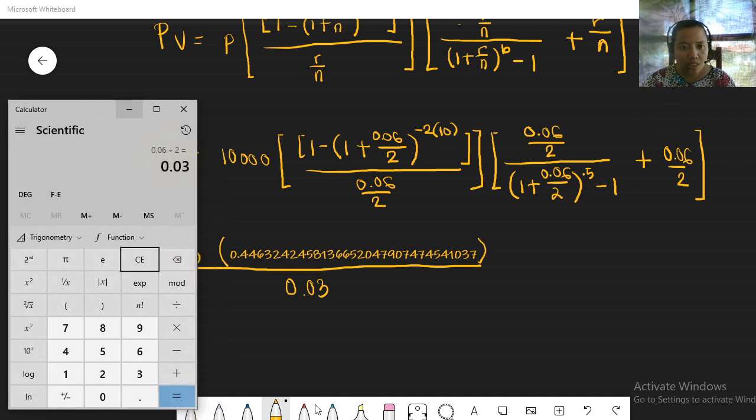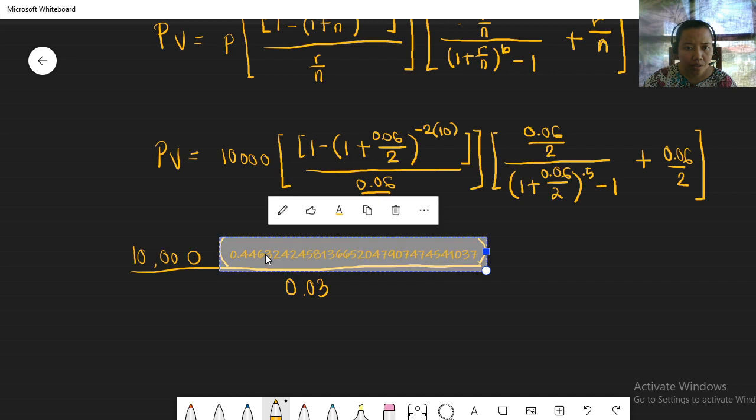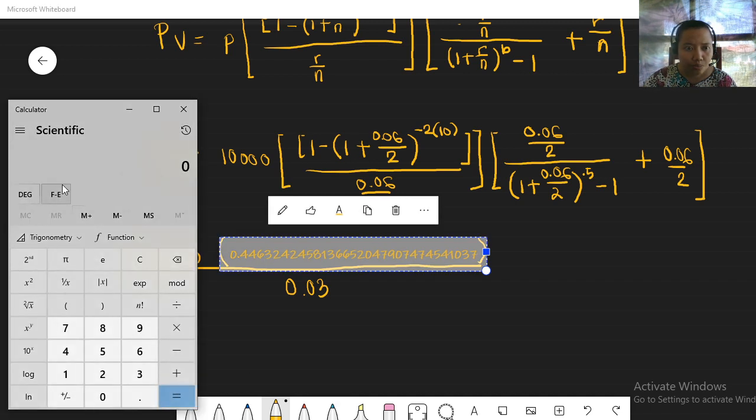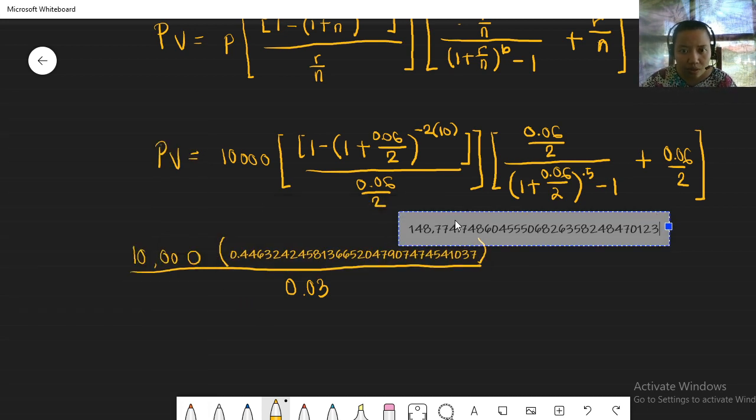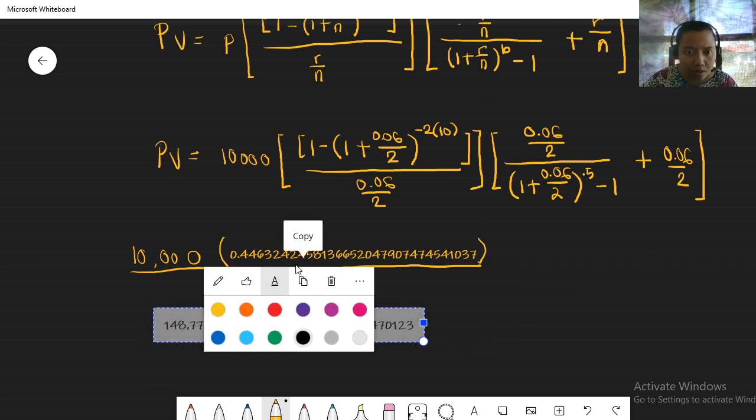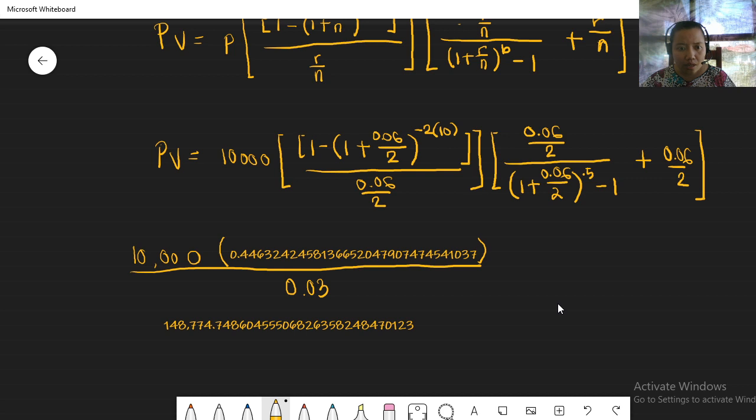Let's copy this one first and put it in our calculator, multiply first with 10,000, and then divide it by 0.03. The answer would be 148. Let us copy. This serves as our result. We are done with the simplified form of this quantity.